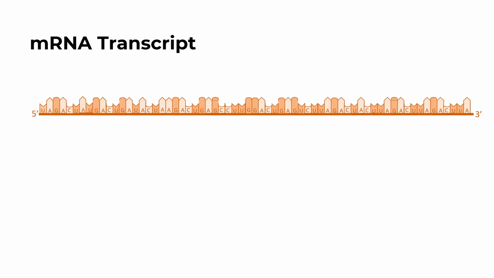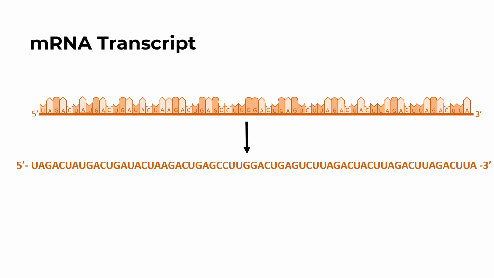Here is the mRNA molecule that we transcribed earlier. I'm going to simplify it by writing it just as a sequence of letters. Now, starting from the 5' end, I'm going to look for the first AUG, or start codon, in this sequence. All right, so there it is.